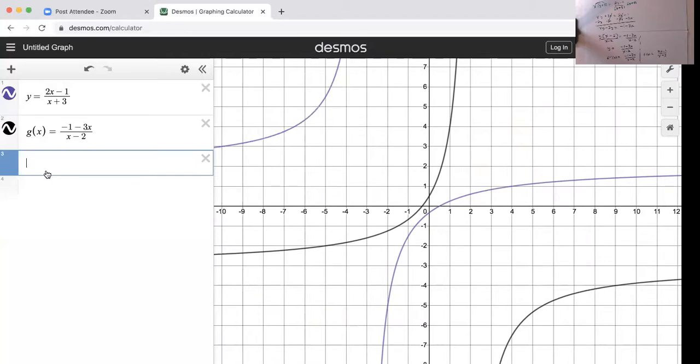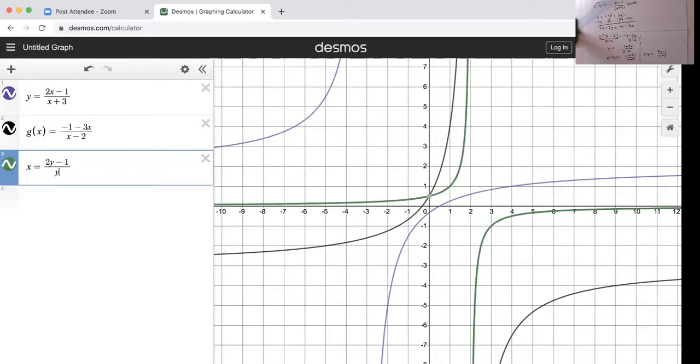Remember, x becomes y, y becomes x. Desmos enables me to define the equation that way. So x equals 2y minus 1 divided by y plus 3. And this should be the same graph as the black graph. So it's coming in as green, should go on top of the black graph. And you can see that's exactly what happened. So that's a way to check our work.